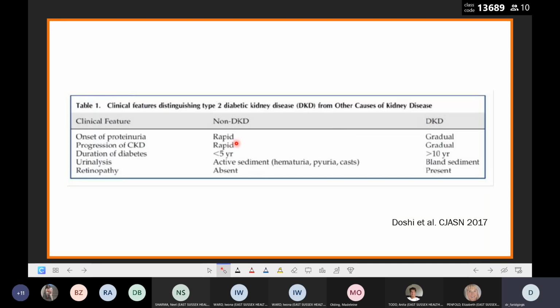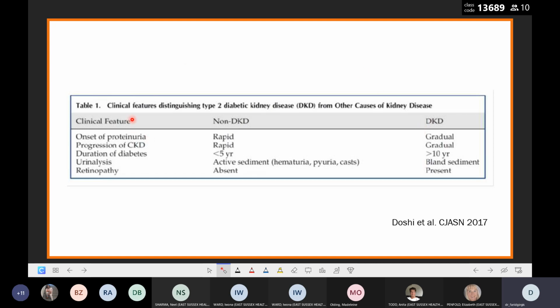This table actually is very interesting because how can we differentiate between non-diabetic kidney disease and diabetic kidney disease? So you have a patient with type 2 diabetes coming to you, and you need to have some clues about differentiation between diabetic kidney disease and if the patient has another primary non-diabetic kidney disease.